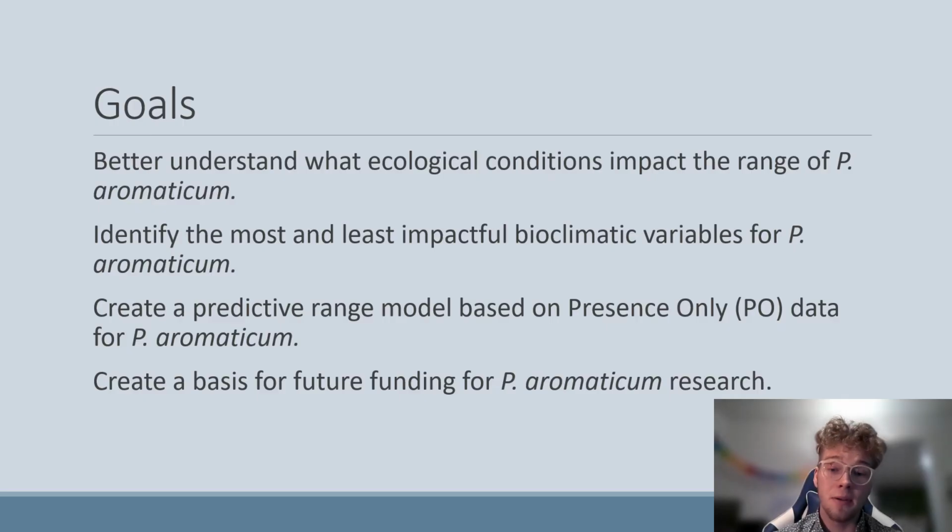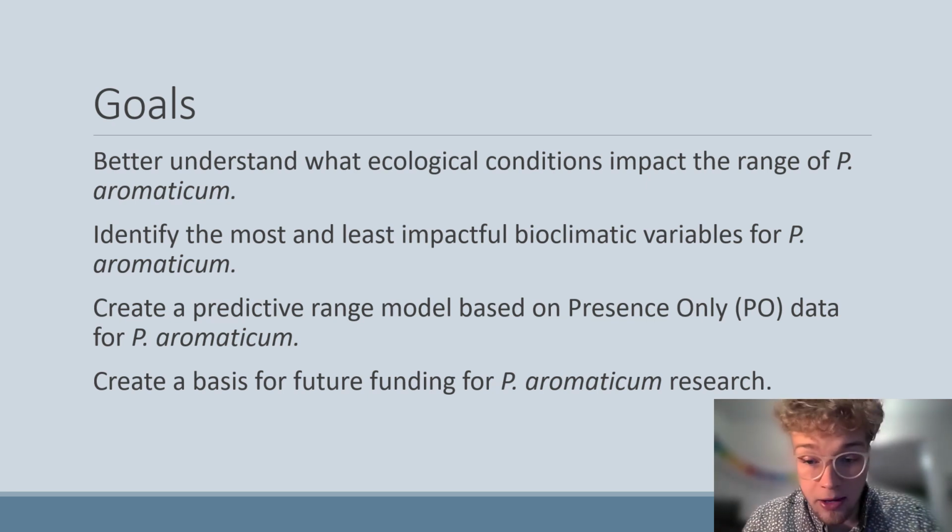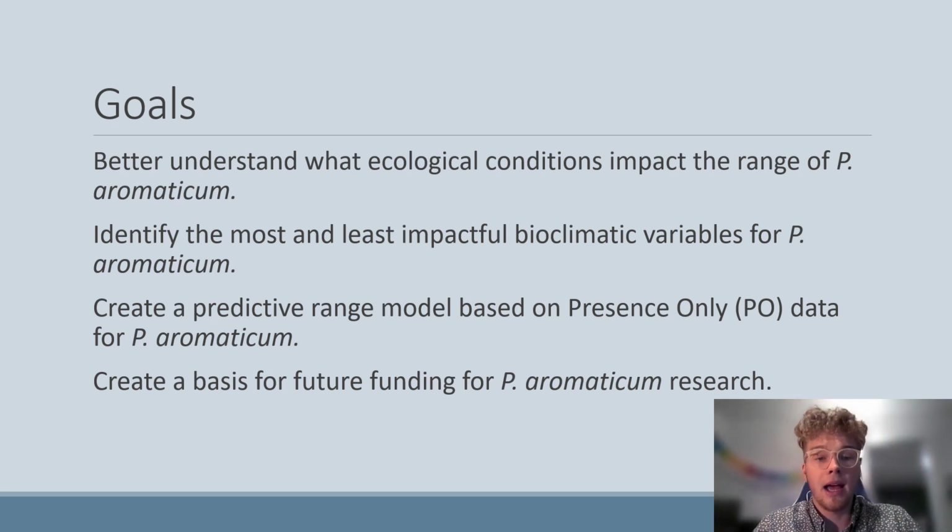So now that we understand what Aromaticum looks like and where it likes to inhabit, we can start talking about the model that I've created for it. The goals of this project were to create an ecological niche model for Pediomelum aromaticum, and this would allow us to better understand what ecological conditions, specifically climate conditions, impact the range of Pediomelum aromaticum.